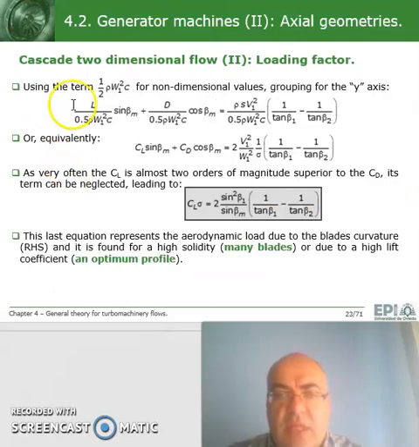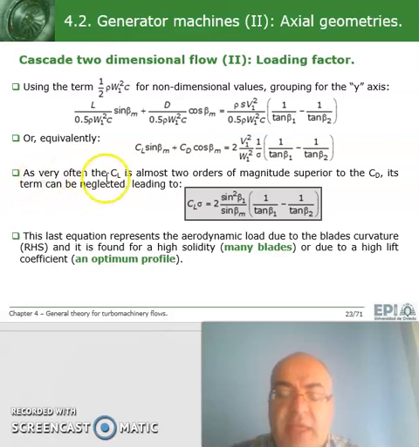With that, and using the term 1/2 of rho W1 square times the chord for non-dimensional values, and grouping the y-axis forces, we can obtain this equation or equivalently this other equation.